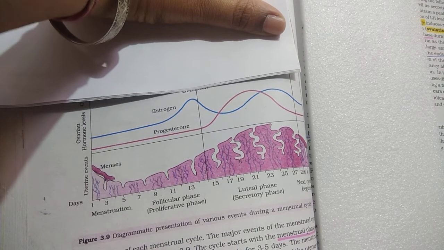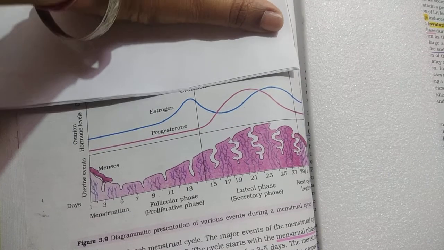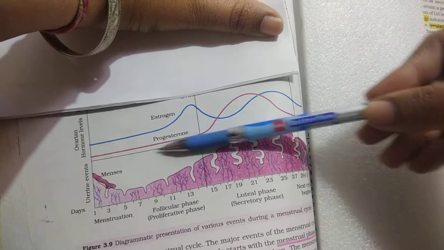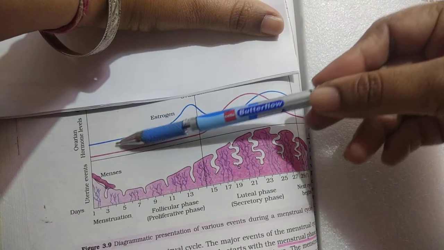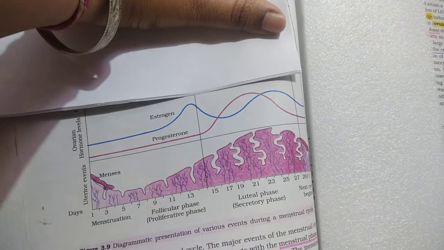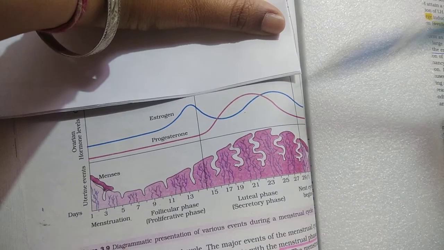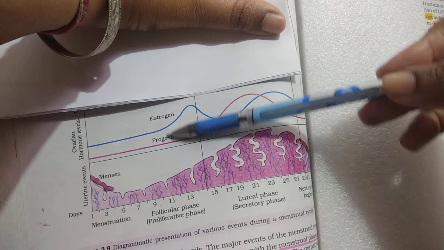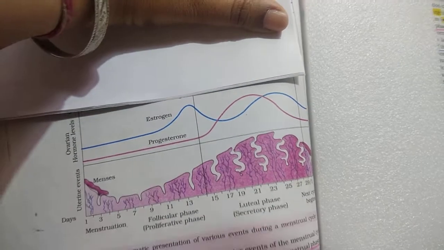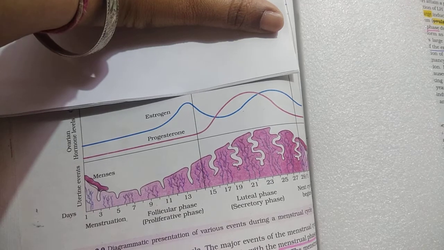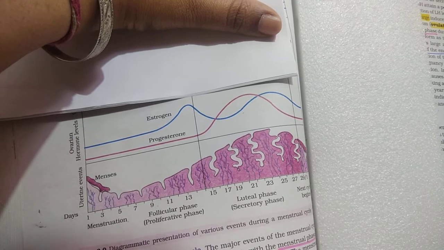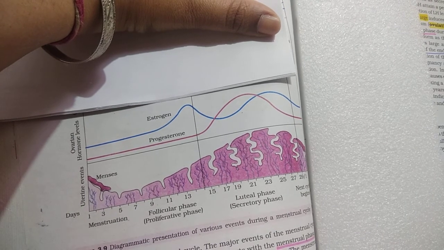Initially, the level of estrogen, as you can see, estrogen is the blue mark, and pink is the progesterone. Level of estrogen is higher as compared to progesterone. Slowly, till the middle of this cycle, 13th, 14th day, estrogen is peaked, maximum of the estrogen is secreted, and then it started going down. The level is decreasing of which hormone? Estrogen.